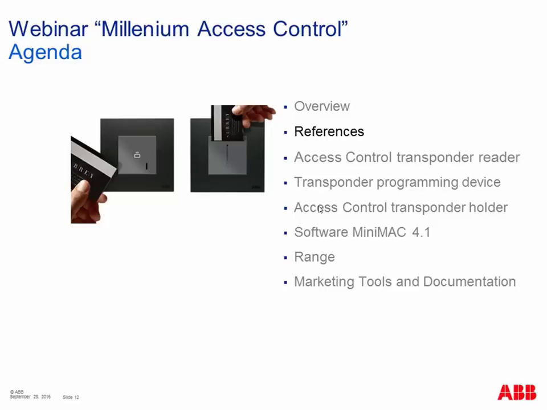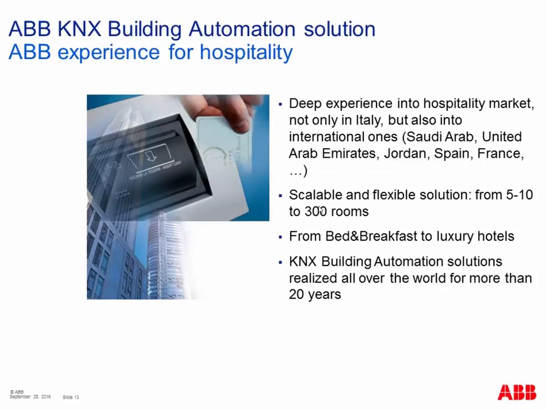References on the Chiara Milos and Delos range, which has been available for more than 10 years on the market, especially in the Italian market, but also in other countries. I show you, for example, many references from the small one to the big one. So the solution is fully scalable from the small bed and breakfast, 5-10 rooms, to hundreds of rooms.